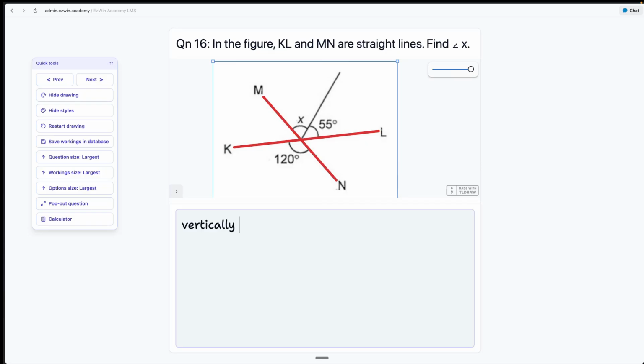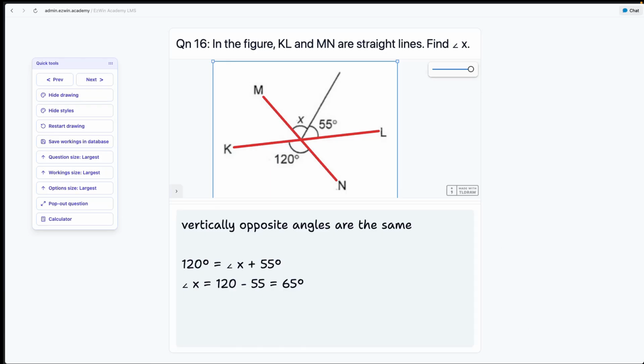So that means 120 degrees is equal to angle X plus 55 degrees. So that means angle X is equal to 120 minus 55, which is essentially 65 degrees. There you go. So angle X is 65 degrees.